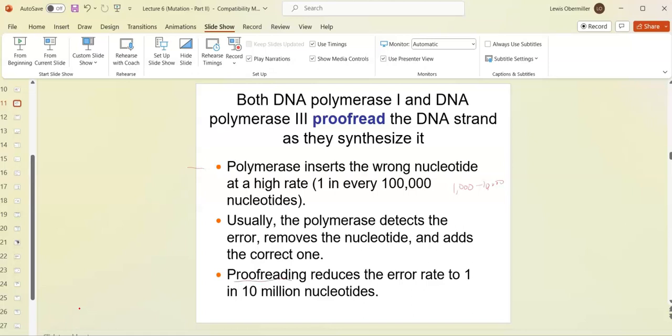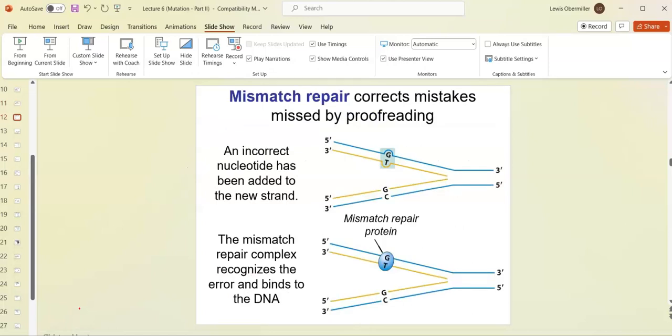This proofreading mechanism reduces the error rate to about 1 in 10 million, not quite the 1 in 1 billion that I had told you, but there are other mechanisms besides just looking at the incorporated nucleotides to fix things that the polymerase misses.